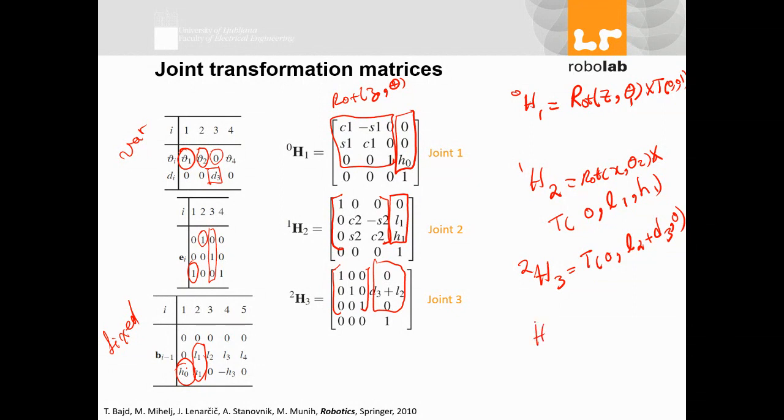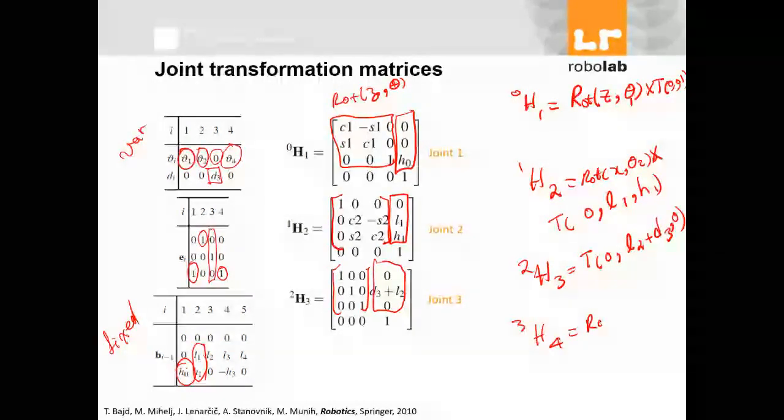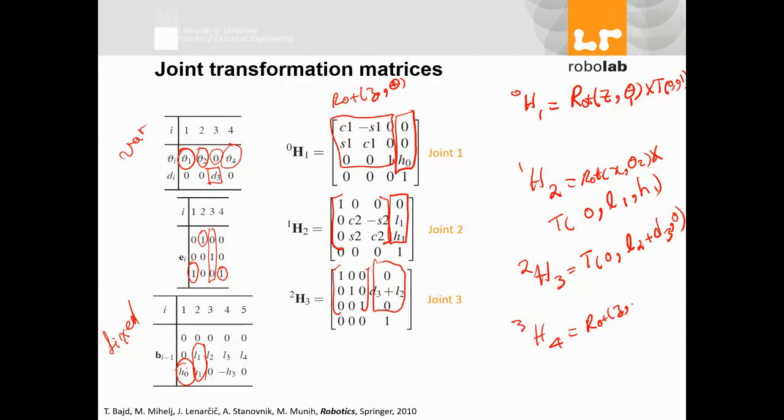And for 3 to 4, H3 to 4, again I have rotation. Again, it's around Z. Okay, so I have rotation around Z with angle theta 4. Here is theta 4, and also translation.